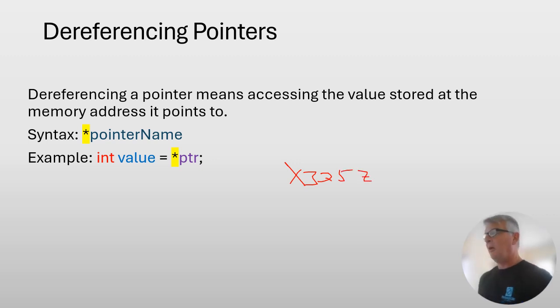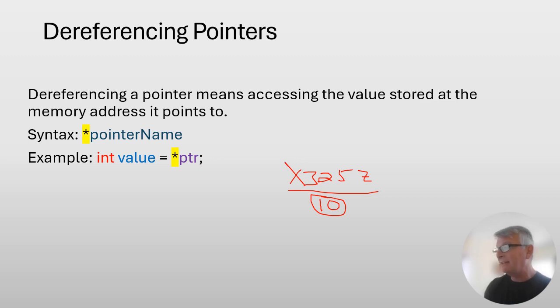Okay, now pointer holds that value. If I just cout pointer, I get this value. But if I cout star pointer, that says, okay, what's inside of this memory address? And if there's an integer in there, it's going to say, oh, 10 is inside this memory address. So that's what we call dereferencing. The pointer just gives us the address, but if we dereference it, we get to see the value that is inside the memory address.